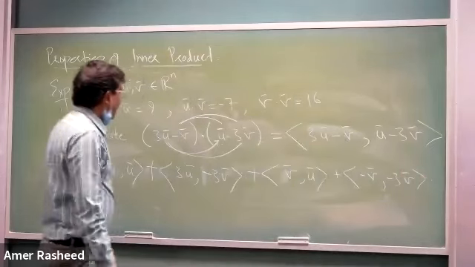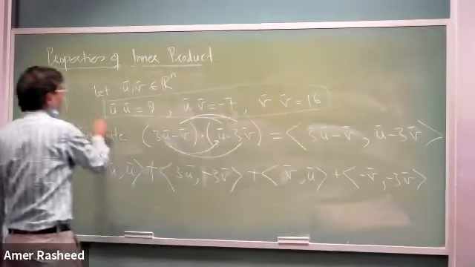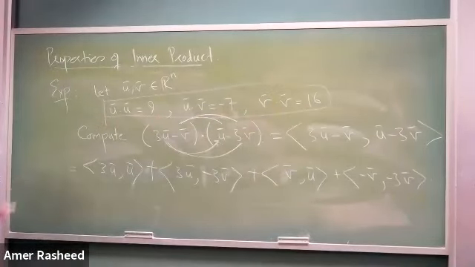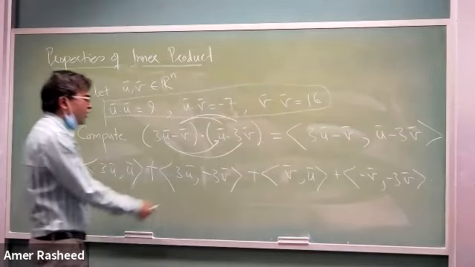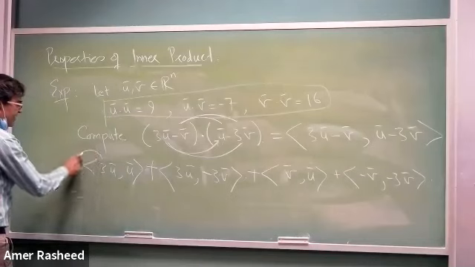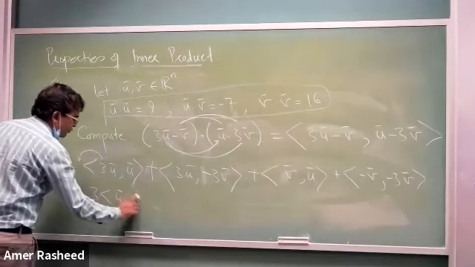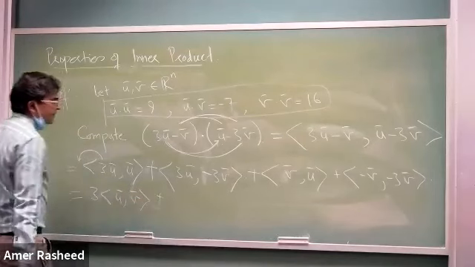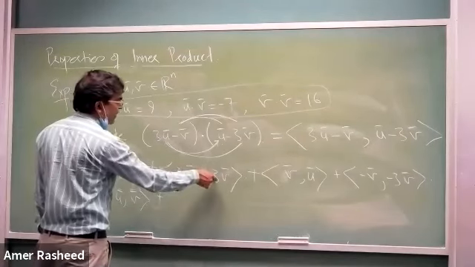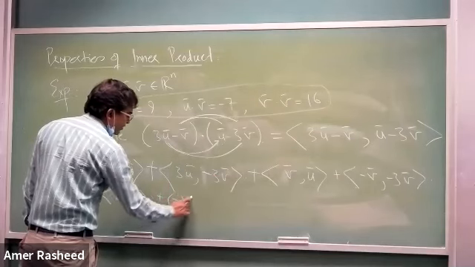Now, the values given to you are these. What are u dot v and v dot v? Other than this, you should not have any scalar here. So you can take the scalar out of this inner product. You can write 3 times the inner product of u, v, and then plus, this 3 goes outside and this -3 goes outside, so it is basically 3 into -3.